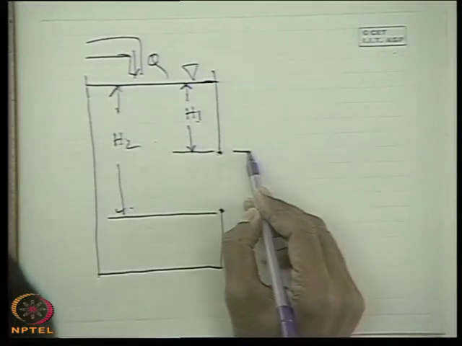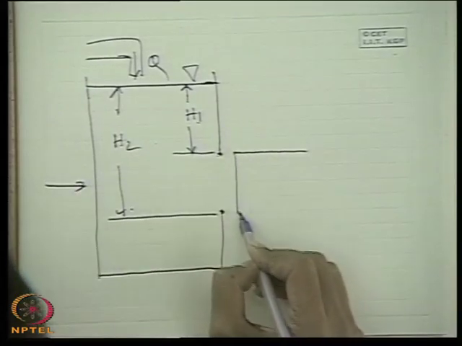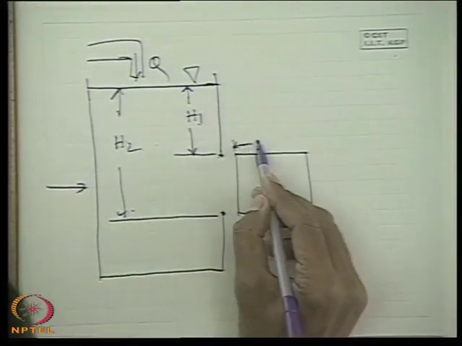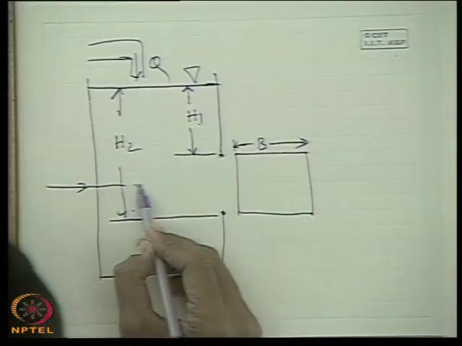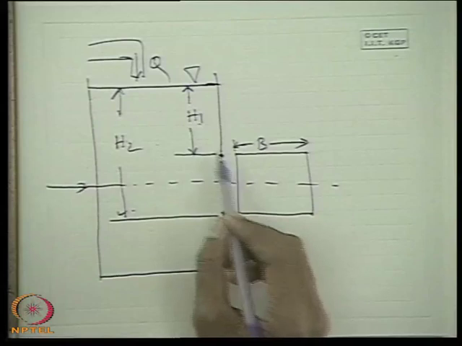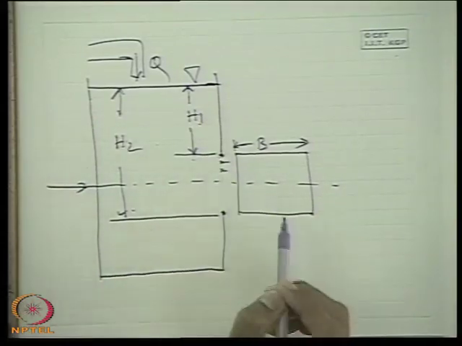Let us consider the orifice to be rectangular in shape when seen from the front, whose width is B. The difference is that at each and every point the head of the liquid is varying, so the velocity at each point will be changing.